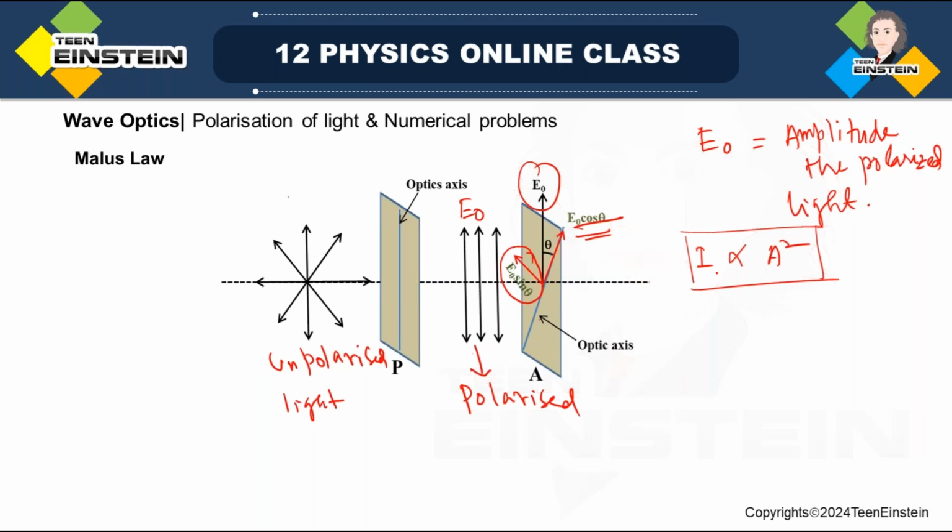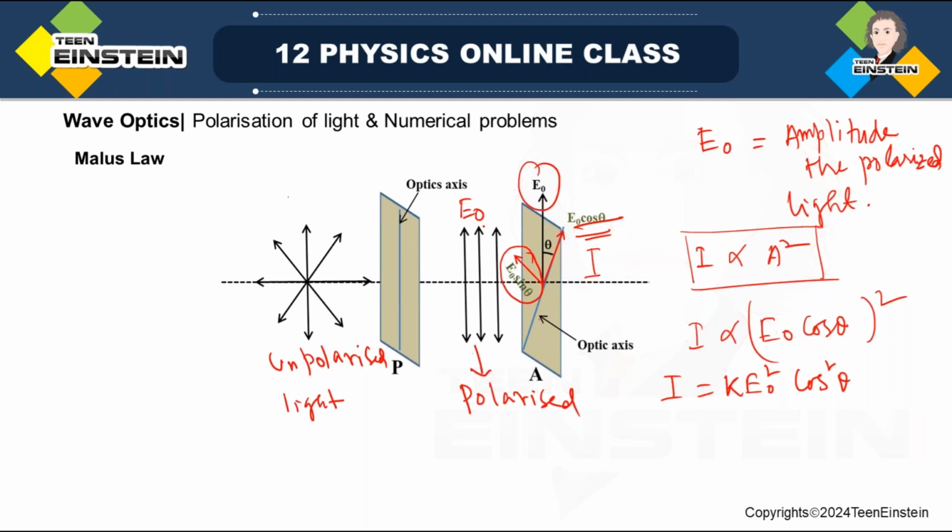So what will be the intensity at this position? I have to find that out. Suppose it is I. Then I is directly proportional to (E0 cos theta) whole square. If I bring in a proportionality constant k, that is k E0 square cos square theta.